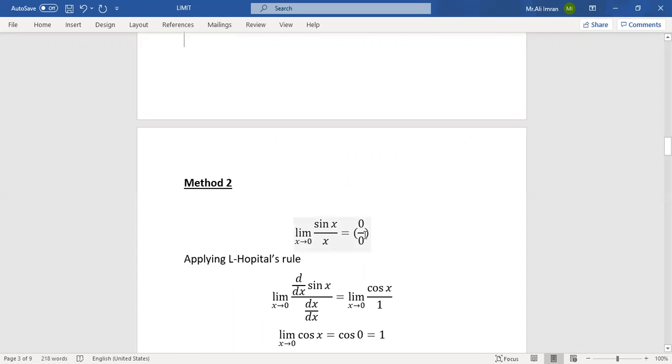If we have the indeterminate form 0 by 0 or infinity by infinity, we take the derivative of the numerator and denominator separately. After applying L'Hopital, we have limit x approaches 0 of cos x divided by 1. After simplifying, it will be cos x, and if we put the limit, cos 0, we get the result 1.